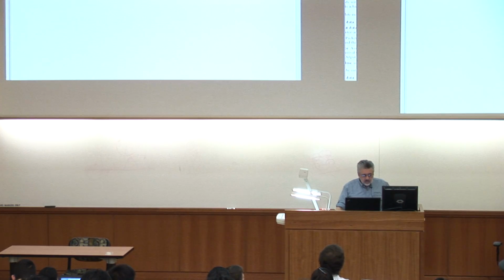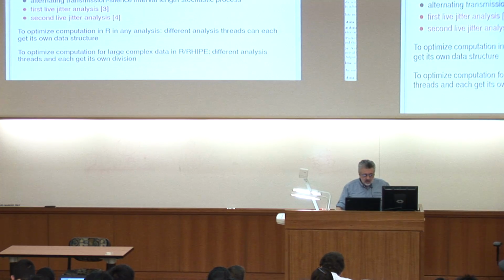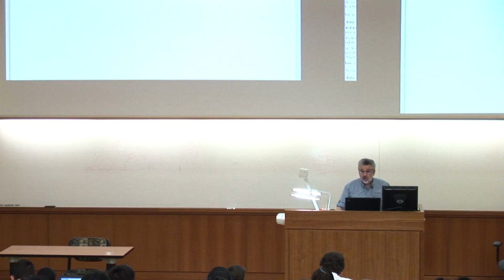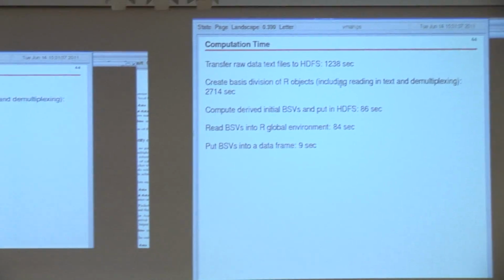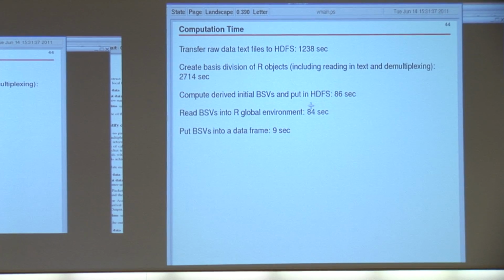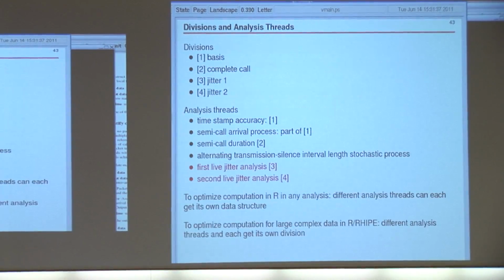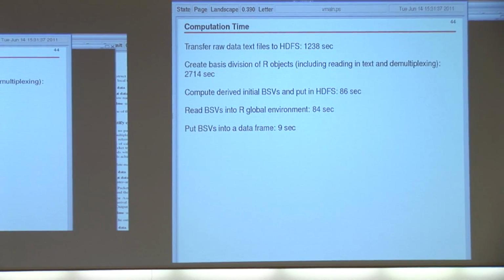All right, now we have these between subset variables that got computed. Now that we have the basis division in R, we compute the between subset variables that we described here. Again, going out and doing the computation in parallel across all the subsets.